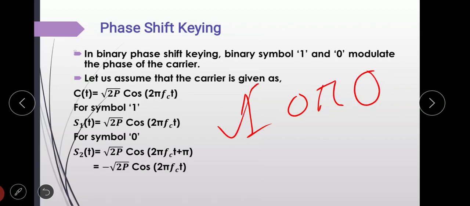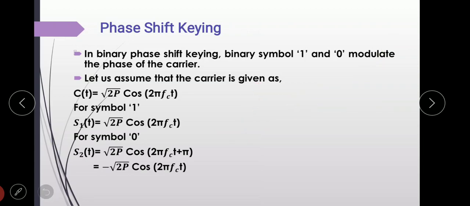As two levels are present, the phase reversal occurs in 0 degree or in 180 degree. Let us assume that the carrier is given as C of t.